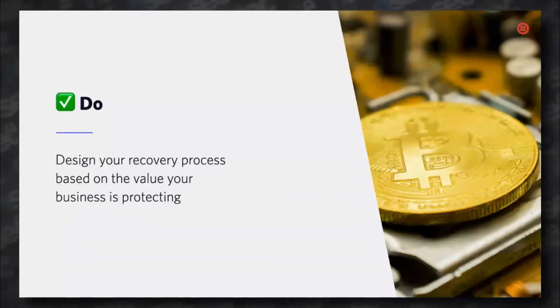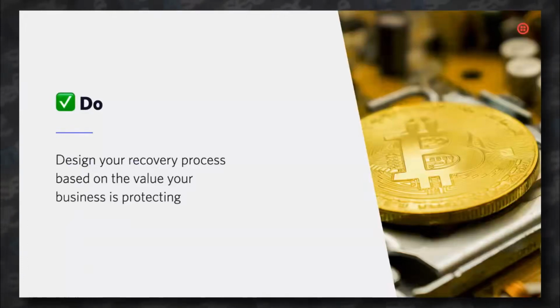If you're in a higher value industry like financial services, this could mean adding that additional friction to your recovery process, but also make sure that you're considering this from your customer's perspective too. Do they understand the value of their account? So if a user is signing up for a service like Gemini, a cryptocurrency exchange, that user probably is willing to opt into more security than they would for a DoorDash account.